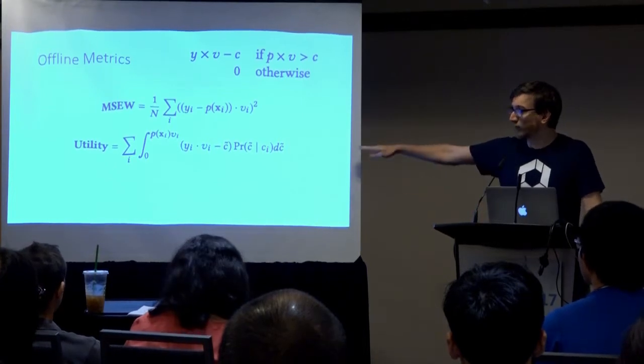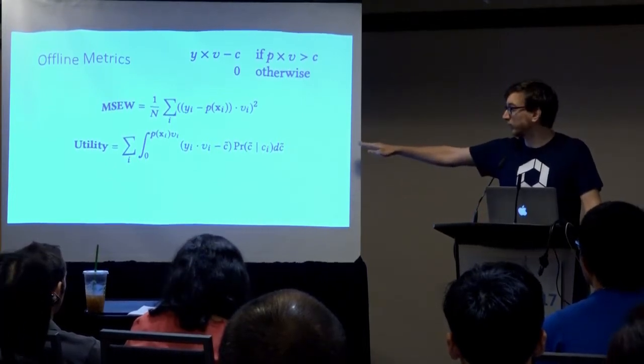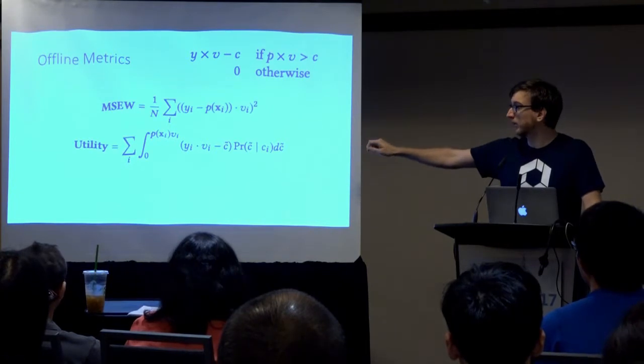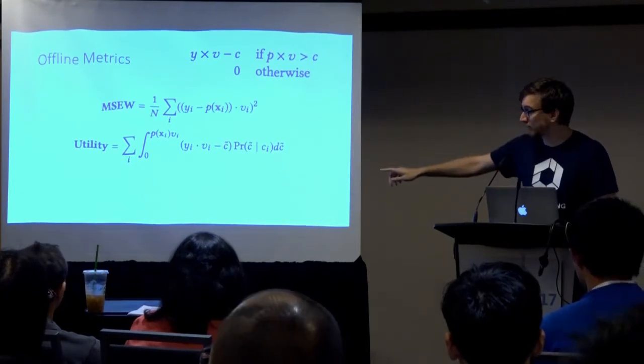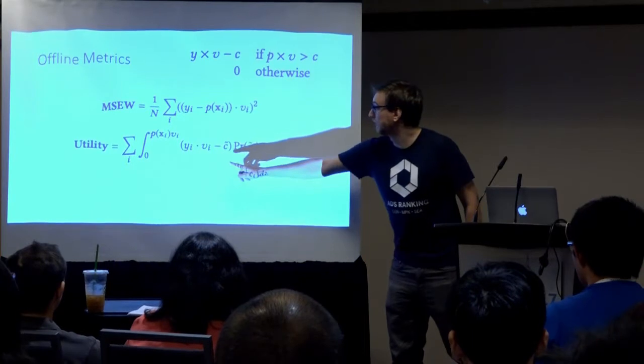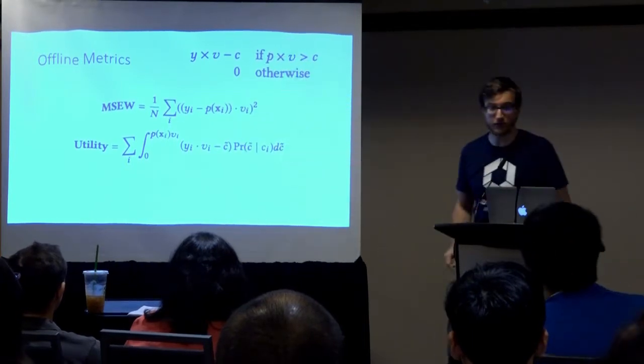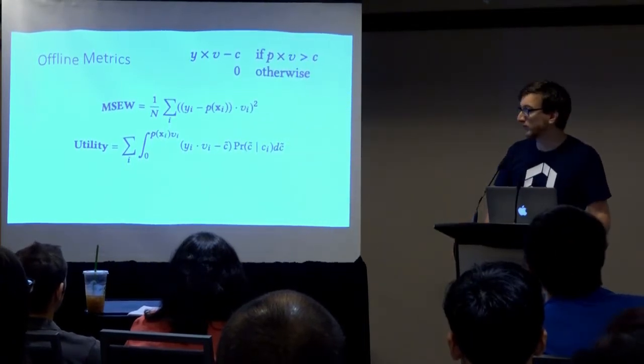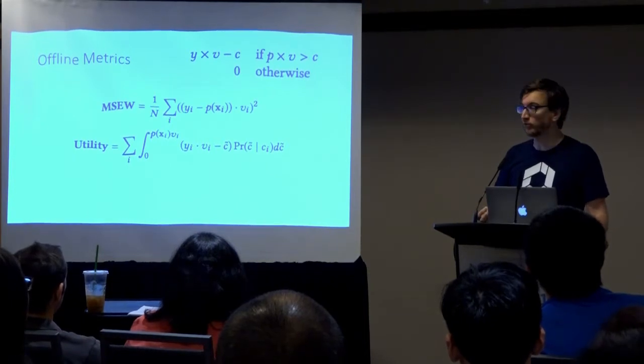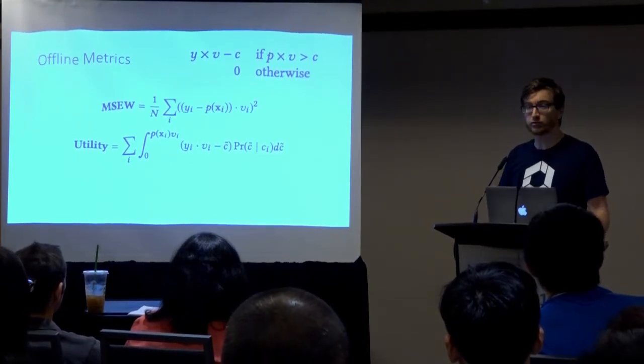So what we proposed in a previous paper from Qt as well is this utility metric, which is basically the payoff. If you see here, we have y times b minus c, which is exactly the same payoff as we had. But we don't assume that the cost is constant per impression; we put a probability distribution on it.